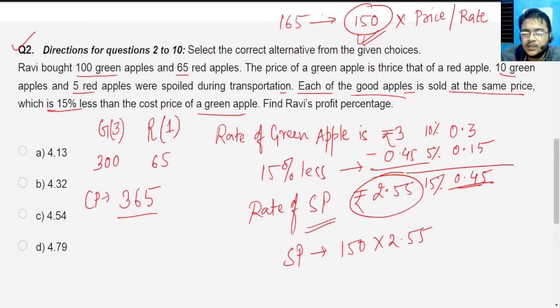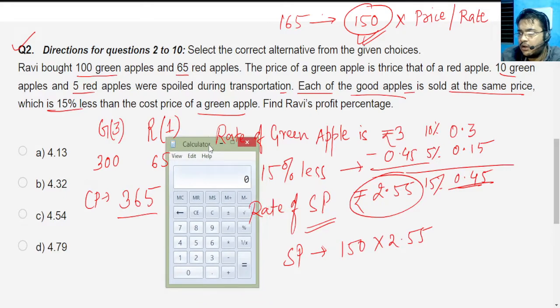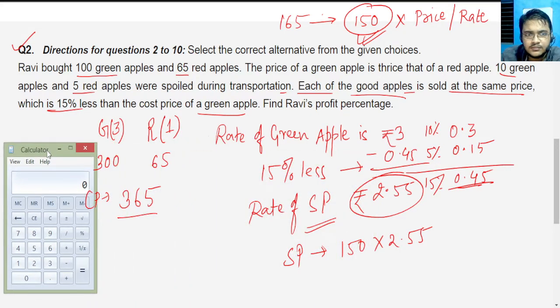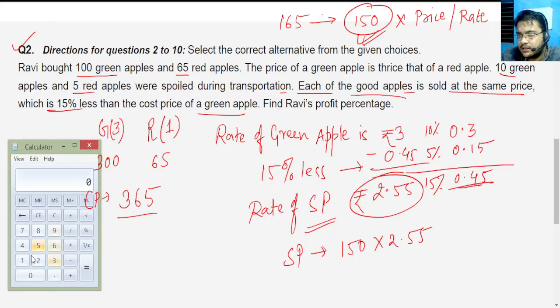Now obviously you can do your tricks to solve this. The better way for me will always be to use the calculator, 150 into 2.55, that gives me 382.5.